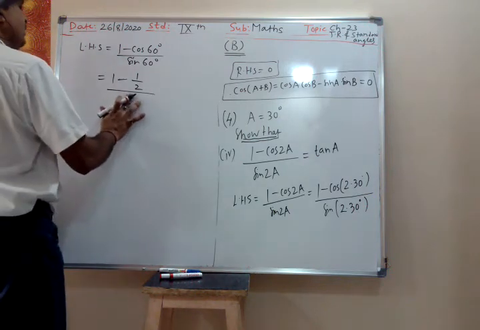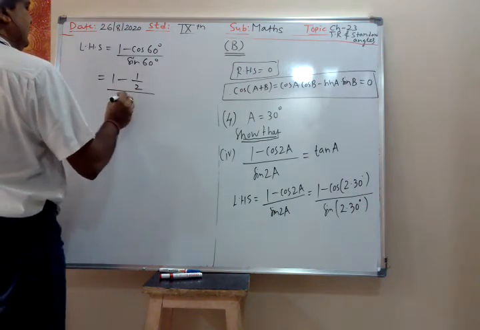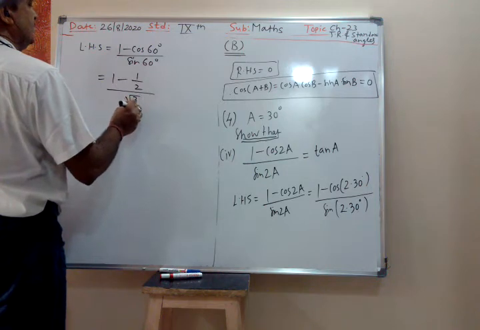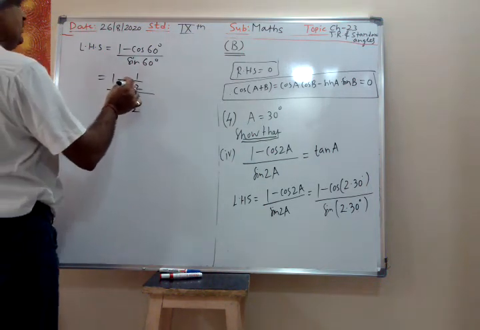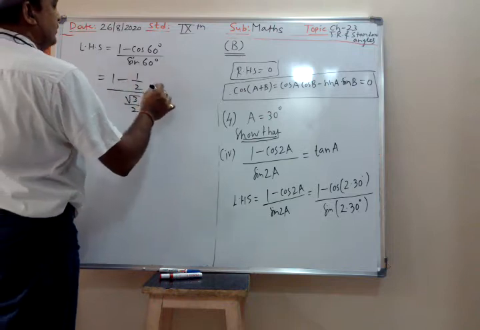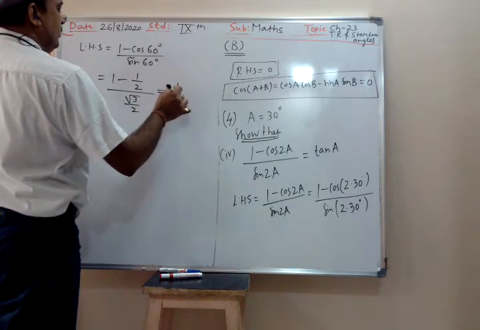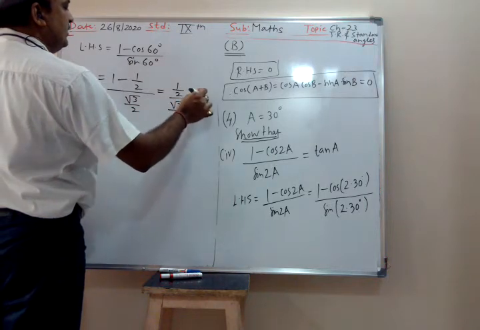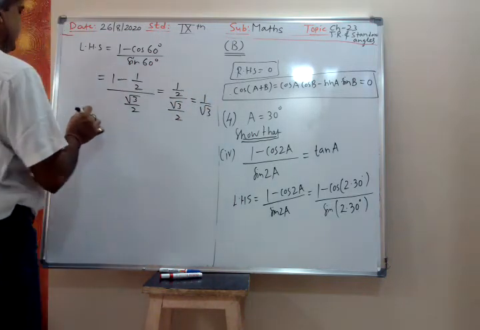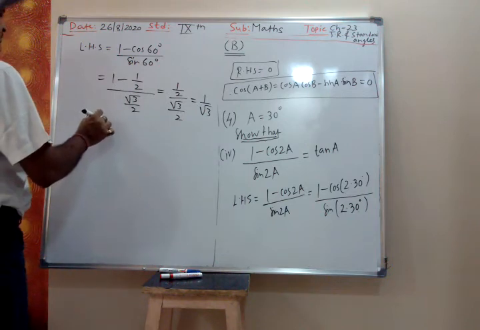Sin 60 is root 3 by 2. Cos 60 is 1 by 2. So 1 minus 1 by 2 is 1 by 2, upon root 3 by 2. 2 gets cancelled. That is 1 upon root 3. So my left hand side is 1 upon root 3.